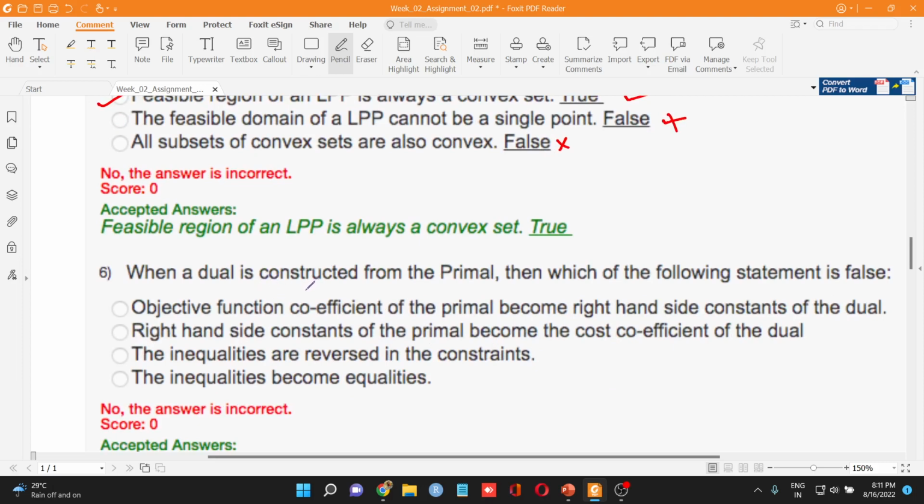When a dual is constructed from the primal, which of the following statements is false? Everyone, please mention your answer here, A, B, and C, in the chat box.